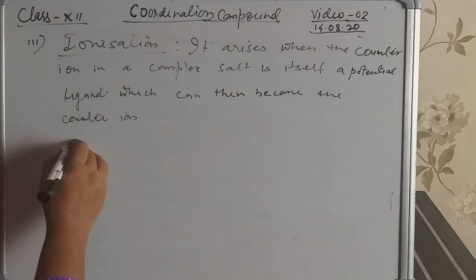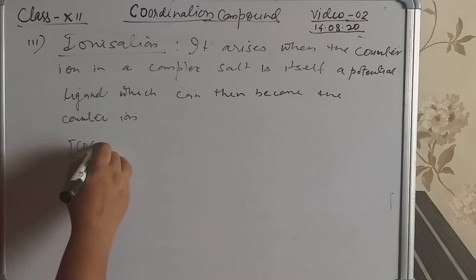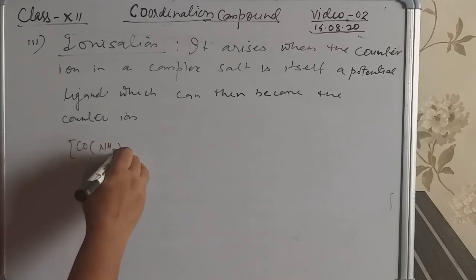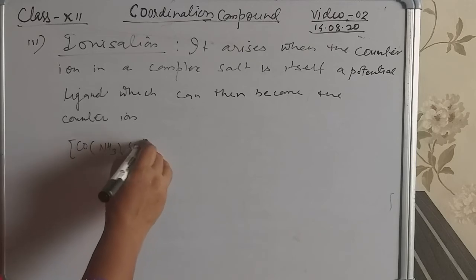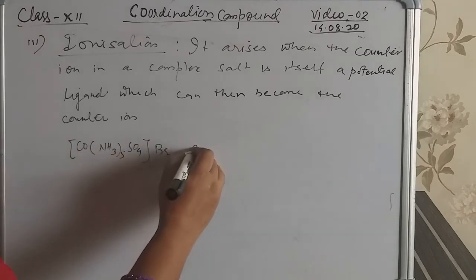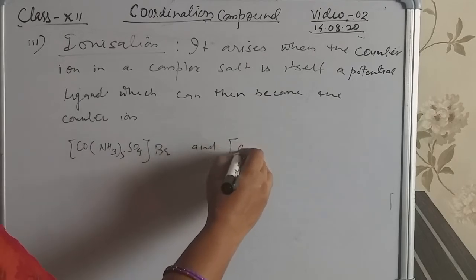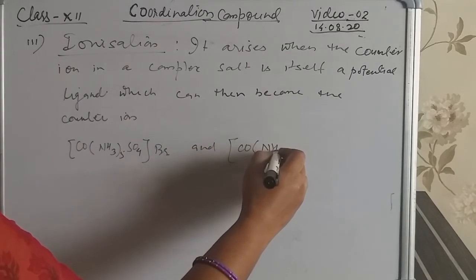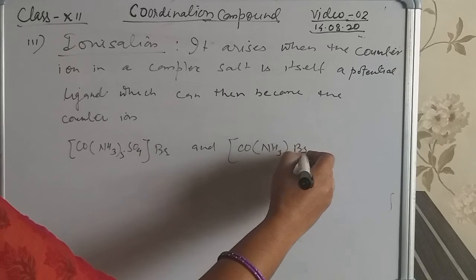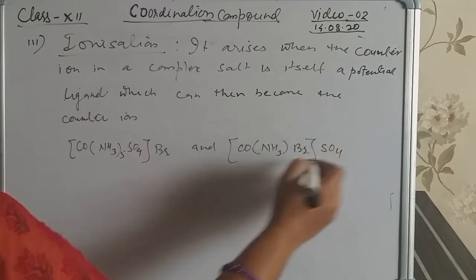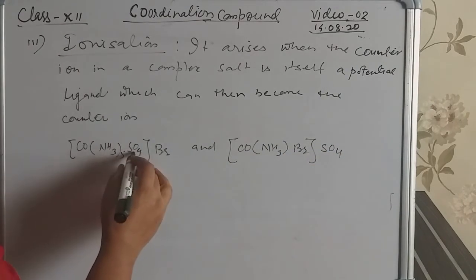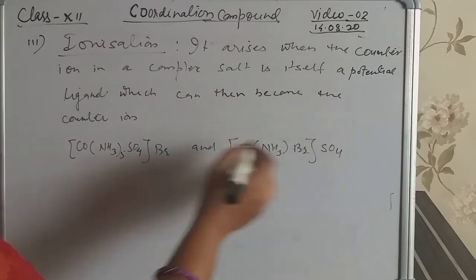For example, Co(NH3)5SO4 Br and Co(NH3)5Br SO4. One time SO4 is inside here and one time SO4 is outside here.